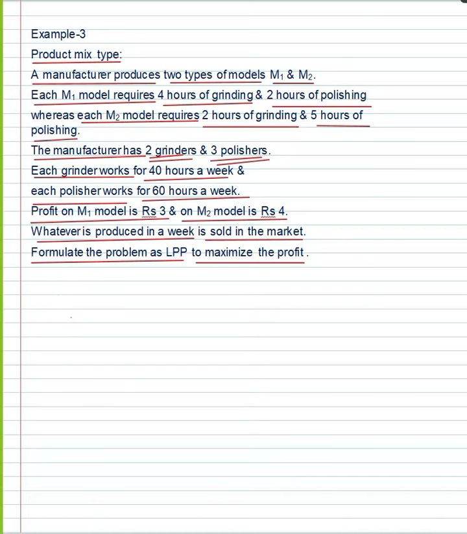It is given that a manufacturer produces two types of models, M1 and M2, and two operations are performed on each model. One operation is grinding, another operation is polishing.